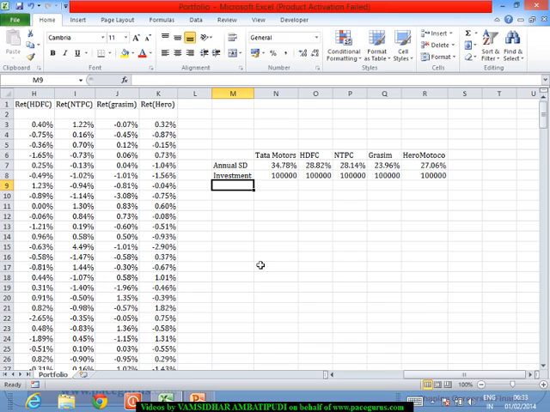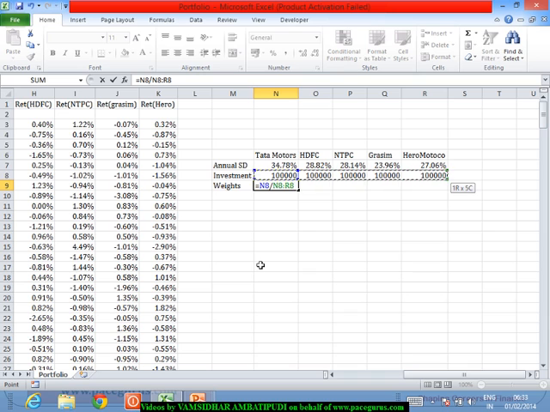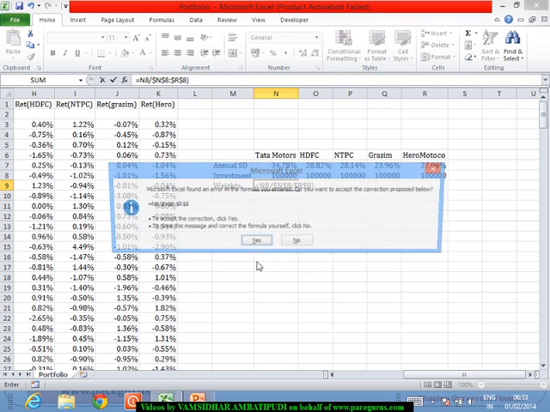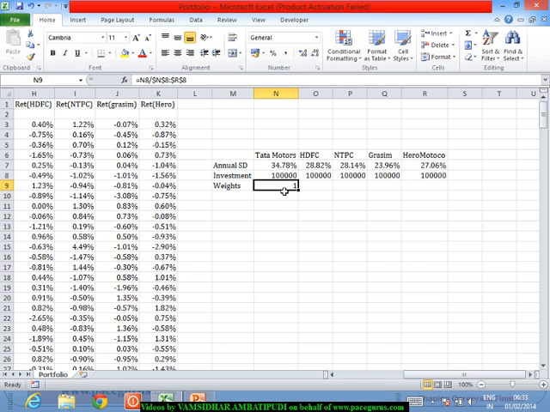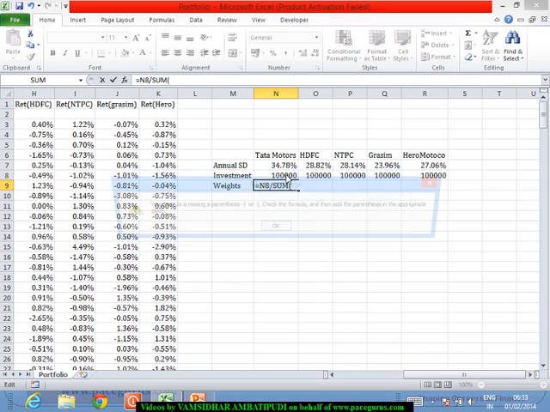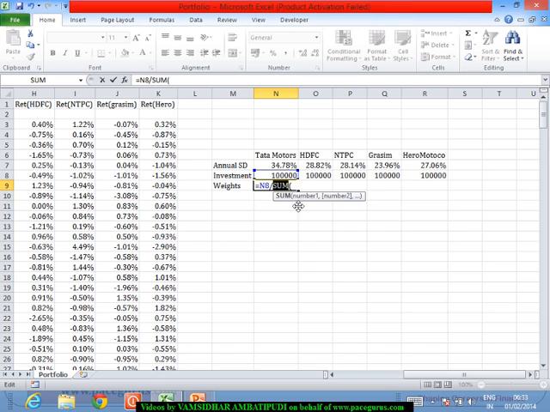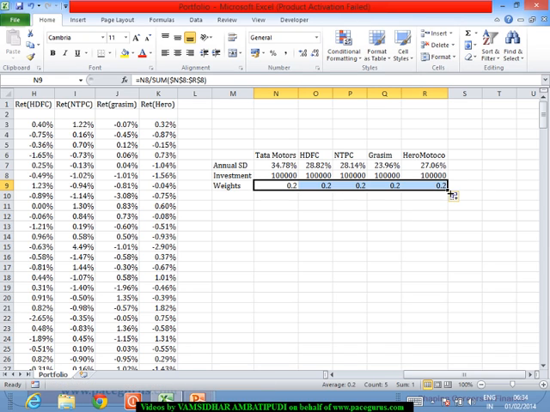And the weight of each one as a proportion of the total, let me just check, yes, this is 20%. So the weights of all these items are 20%.